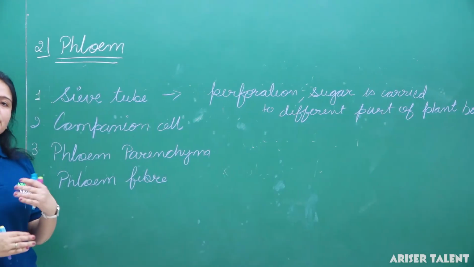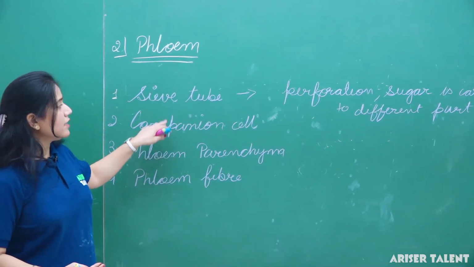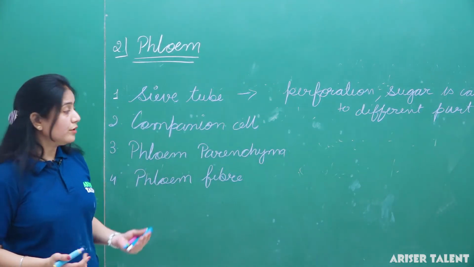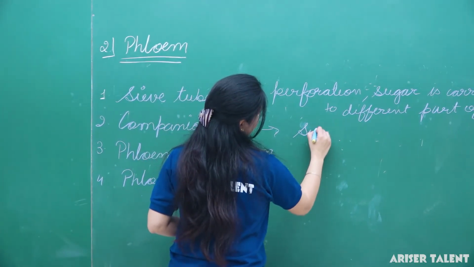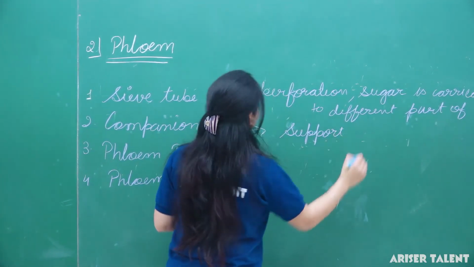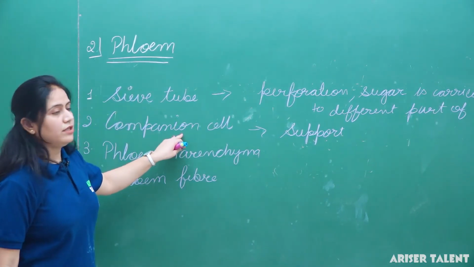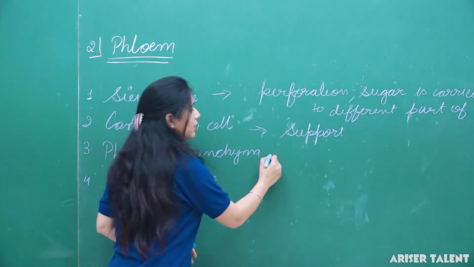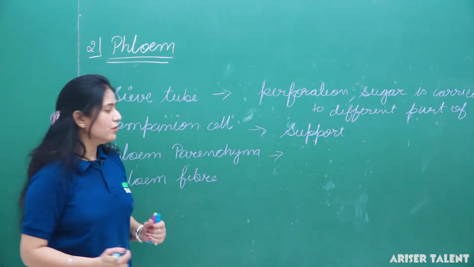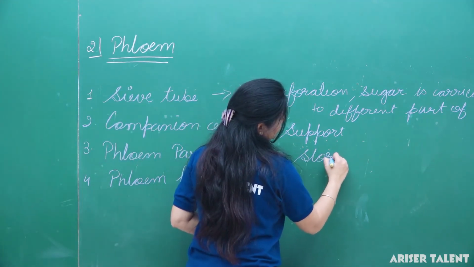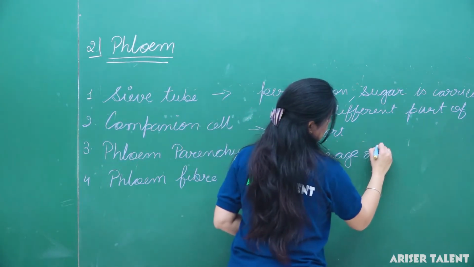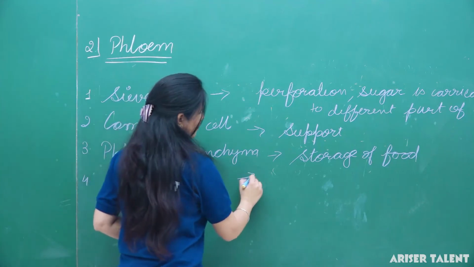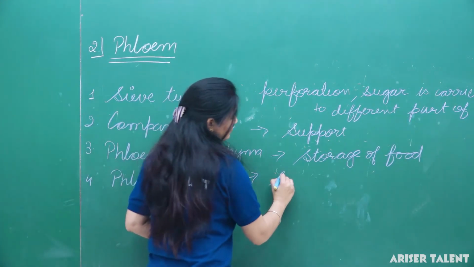Companion cell. Companion means they are giving company. These companion cells are next to the sieve tube. They give company to it, and they also help to give support. Next to the companion cell is phloem parenchyma. Again, the parenchyma does the storage of food, and phloem fibers give support to the plant part.